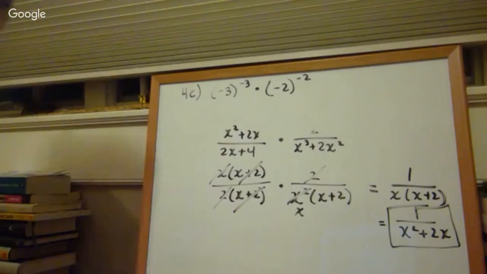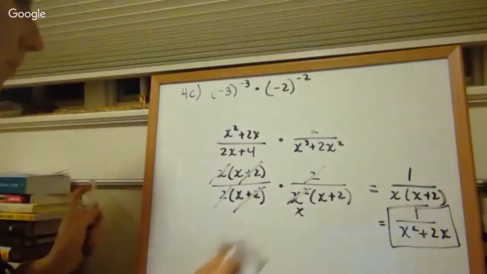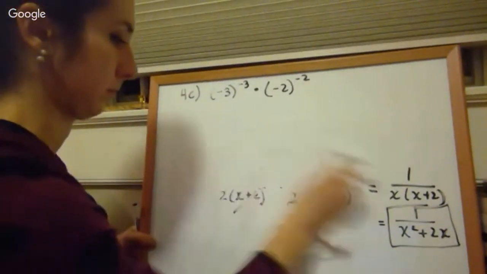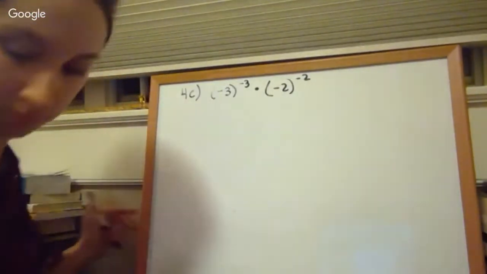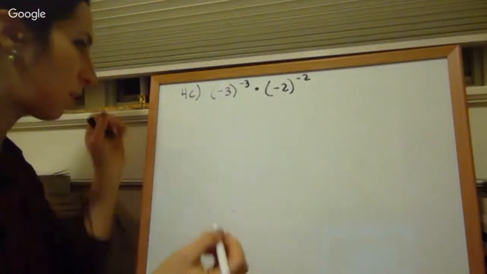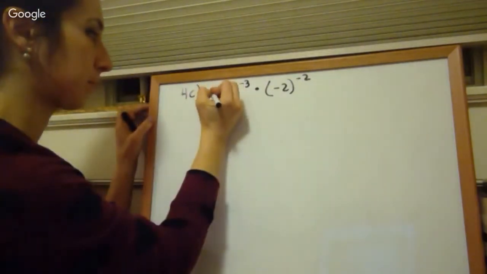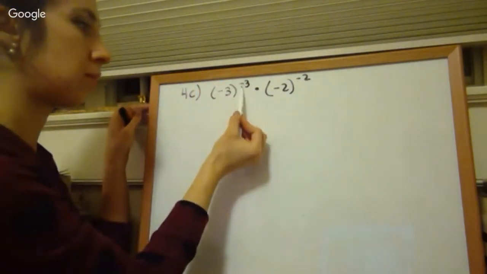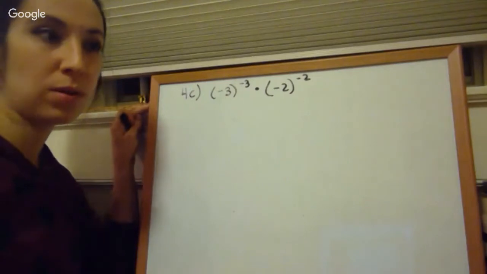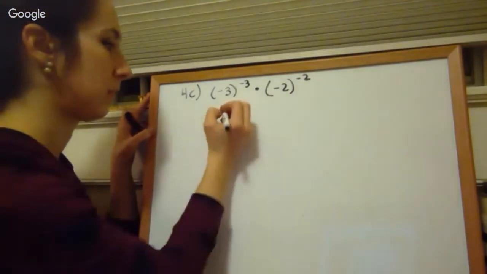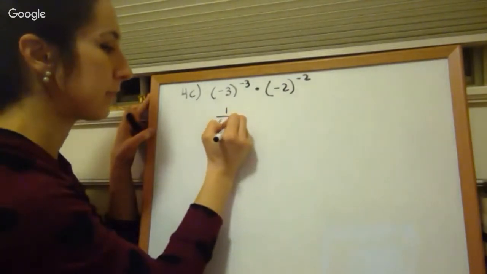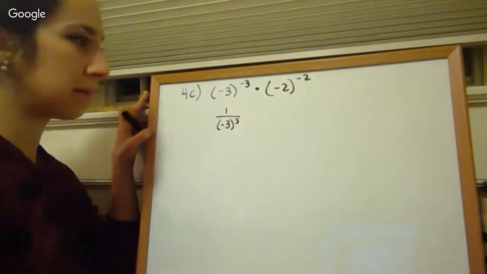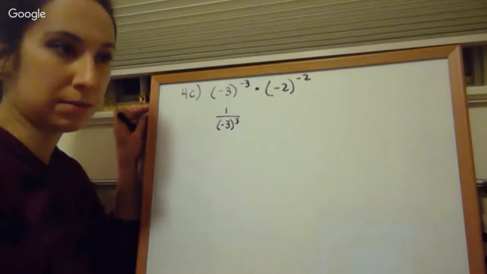All right, let's try this. So this is raised to the -3rd power, so we're going to turn it into a fraction. 1 over -3 is still in parentheses, but now to the positive 3rd power.